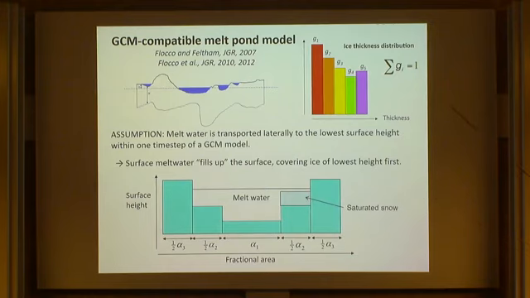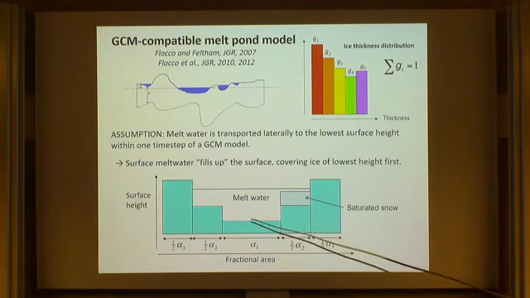We don't have a topography in the sea ice model, so this is now the version which can be used in global climate models. We just have a relatively simple ice thickness distribution. And so we need to make an assumption, and that is that the meltwater is transported laterally to the lowest surface within one time step in the model grid point, which is not realistic because we have a model grid point of 40 kilometers. It wouldn't be transported 40 kilometers. But the area we actually get by assuming that is quite realistic, which allows us to do that.